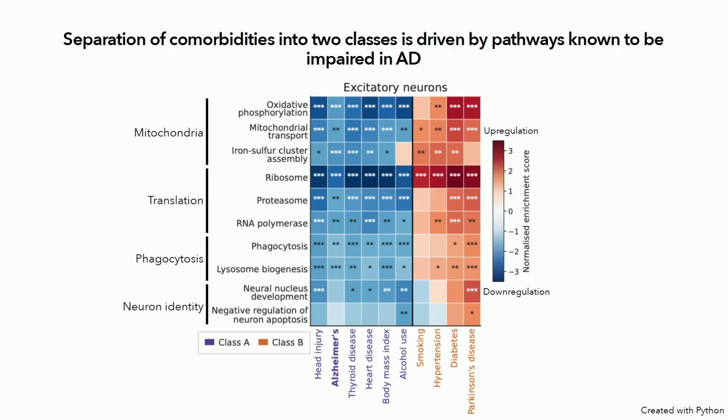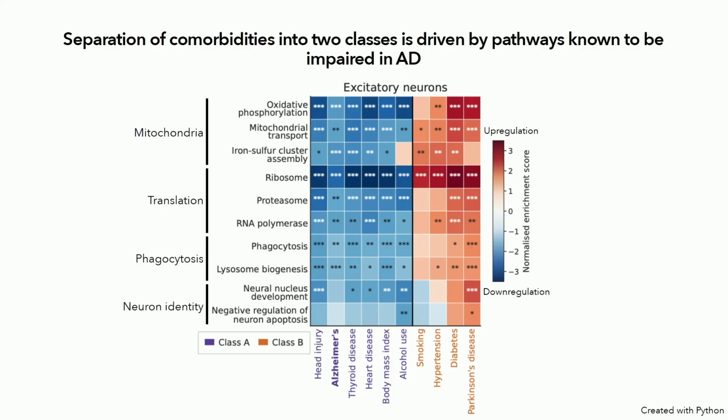We found that across these comorbidities, which are known to increase AD risk, some comorbidities, specifically the class A ones, induced responses at the molecular level which mimicked Alzheimer's disease. However, some other comorbidities, specifically those in class B, induced responses which were actually opposite at the molecular level.